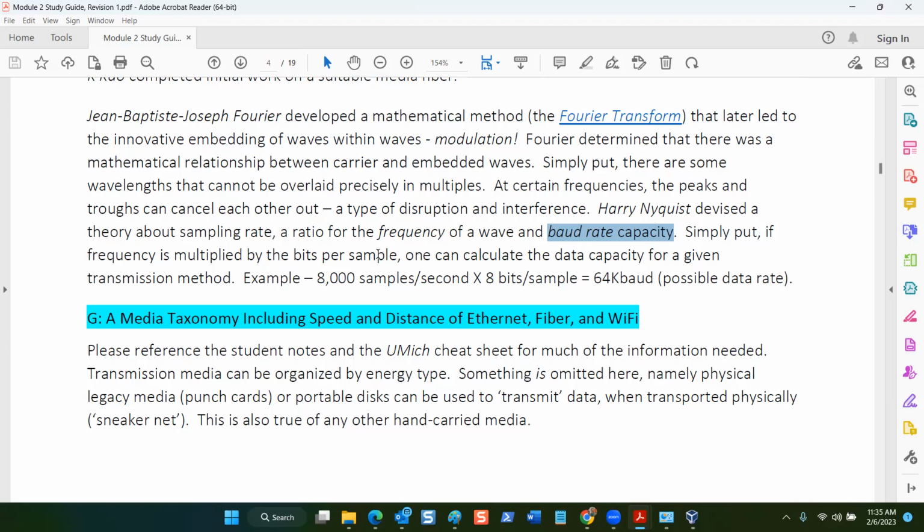It is these developments that paved the road that allowed for digital and packet switched networks to be birthed. So as soon as people figured out we can actually modulate the signals embedded in the carrier waves, we can represent ones and zeros with the embedded waves.